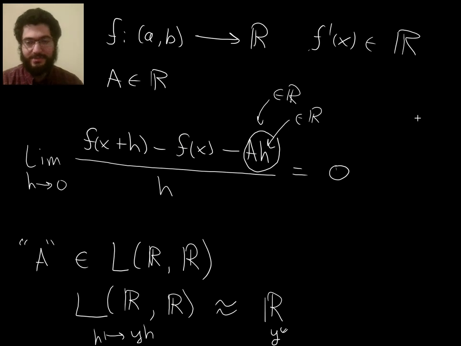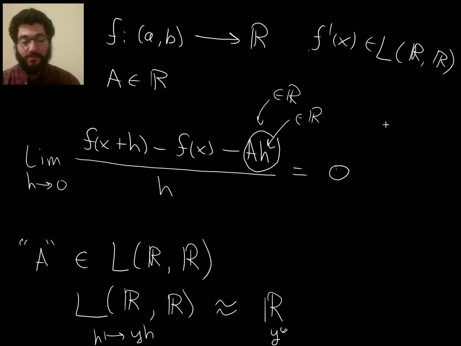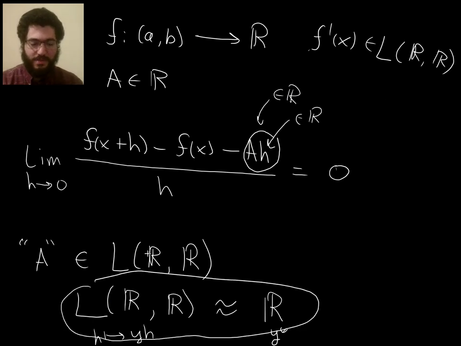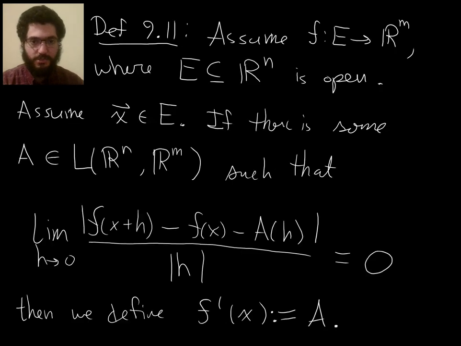The slope on the graph, right? The slope is a real number. Now we're changing that. Instead, it's going to be a linear map from R to R. And they can be thought of as the same thing due to this identification. But they're not literally the same thing.